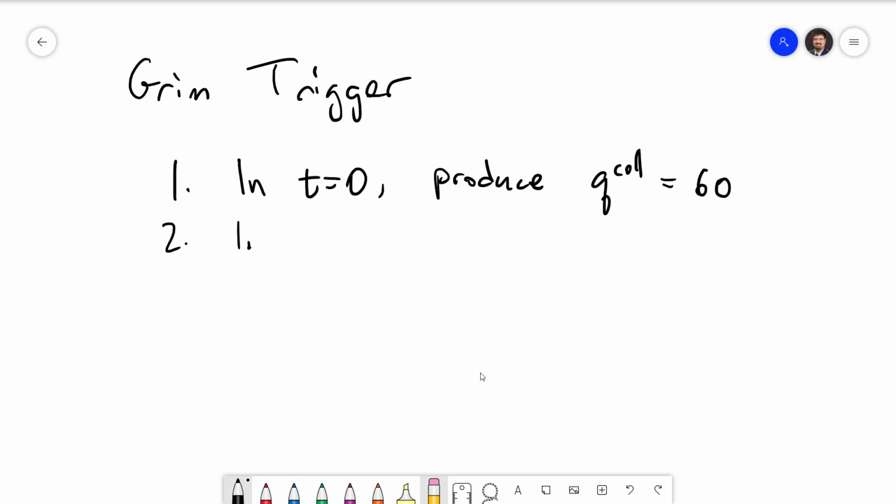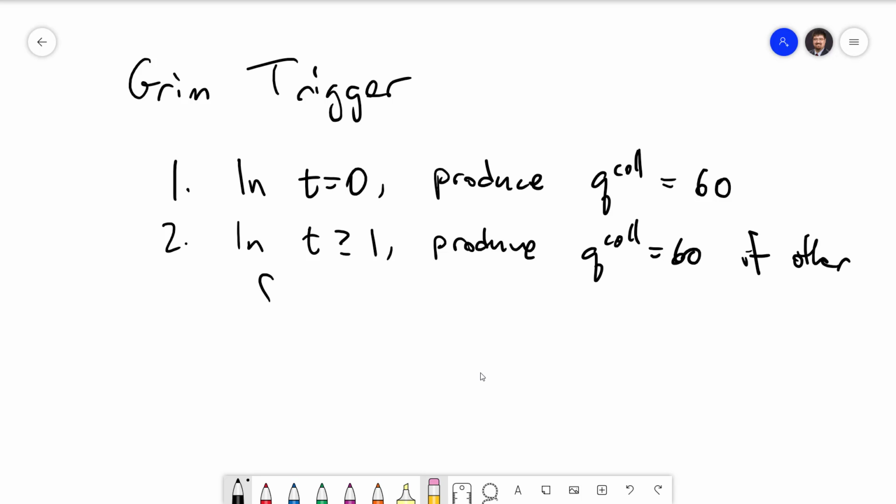Part 2, in the subsequent periods, which we are going to call t greater than or equal to 1, then we're going to produce the collusive output Q collude, again 60, if the other firm produced 60 in all previous periods.